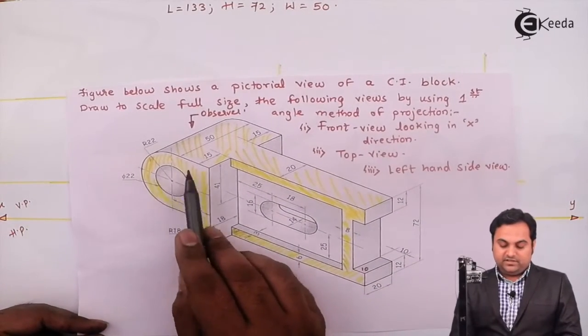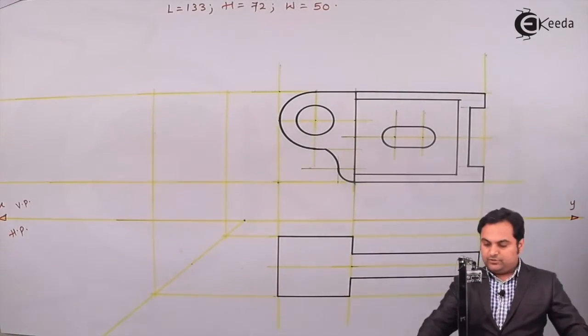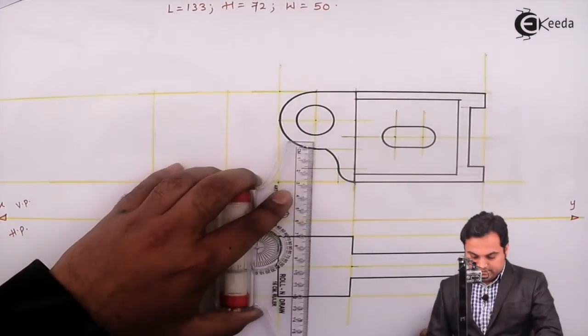Like there is a circle inside this 50 mm width of diameter 22 that will be projected down, and first I'll get its center.